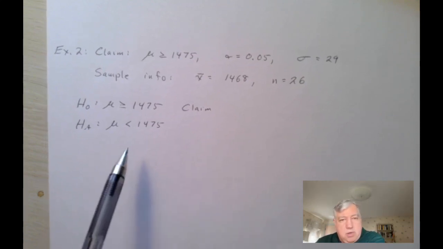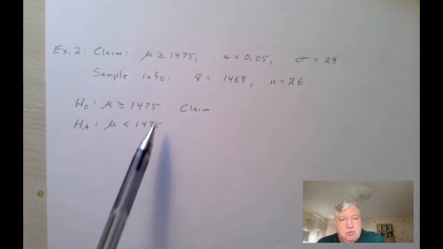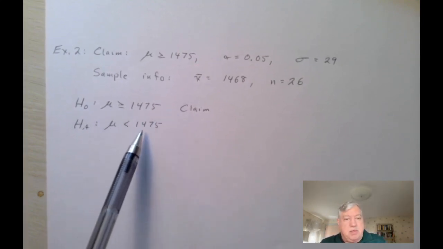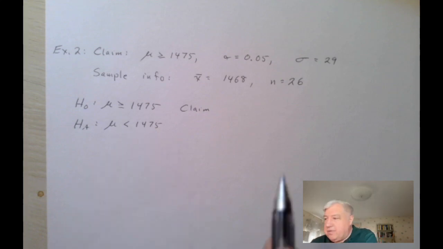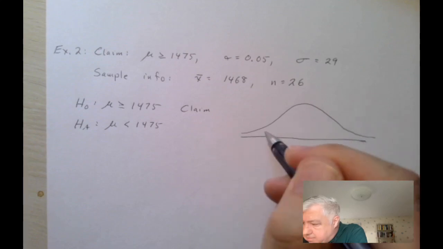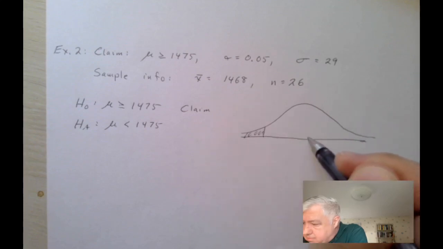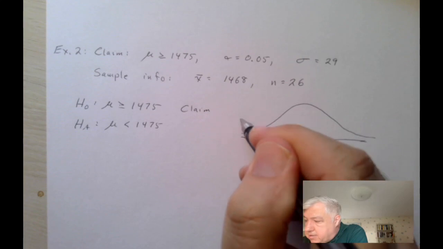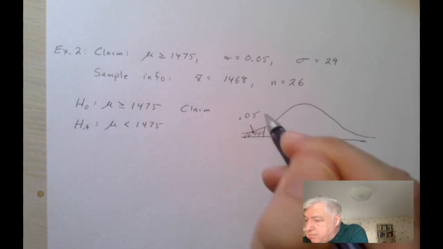Now, if this is true, our unlikely values would be less than 1475. So in this case, we're just using a left tail test. Okay, so this area is 0.05.